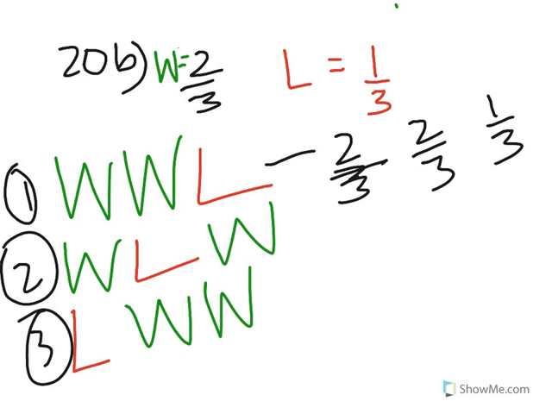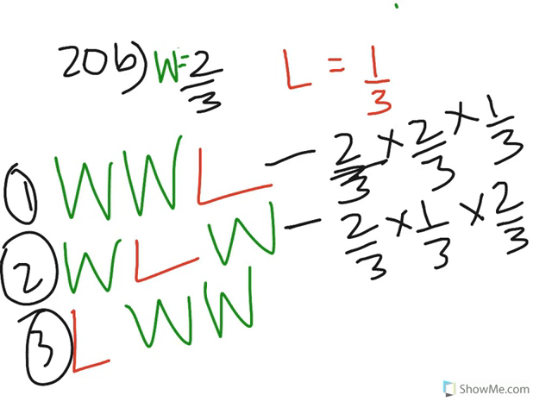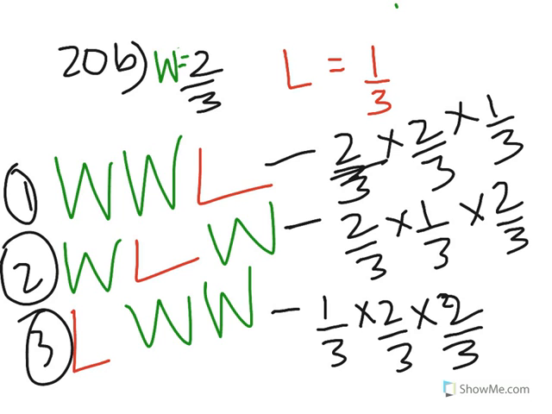So the total probability of that is 2 out of 3 times 2 out of 3 times 1 out of 3. For the second one, it's 2 out of 3 times 1 out of 3 times 2 out of 3. For the third one, it's 1 out of 3 times 2 out of 3 times 2 out of 3. So now all we have to do is add these all together.